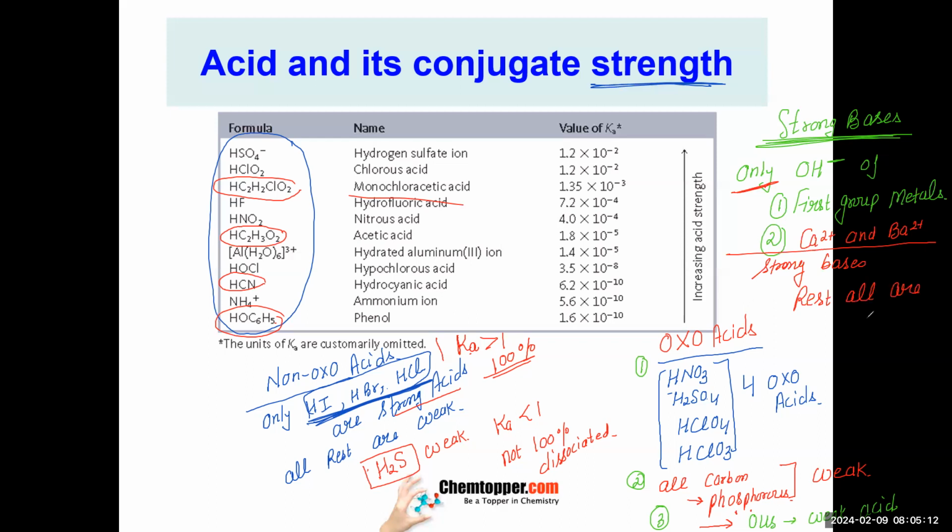Rest all are weak bases. Can you memorize this line? Okay, let's see. If I give you Mg(OH)2, answer it. Is it strong or weak?